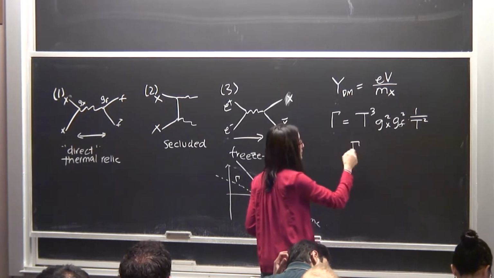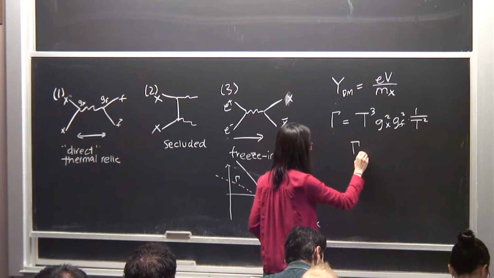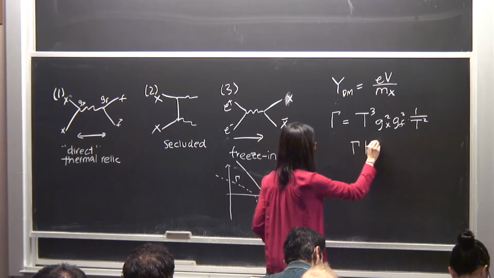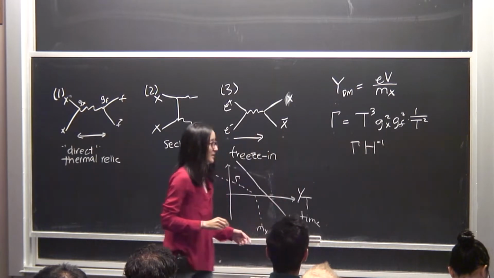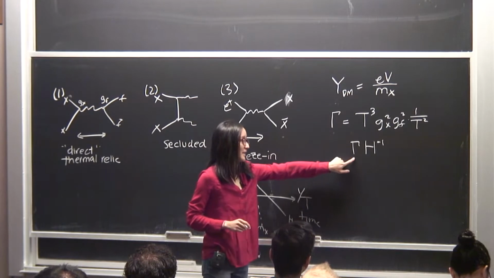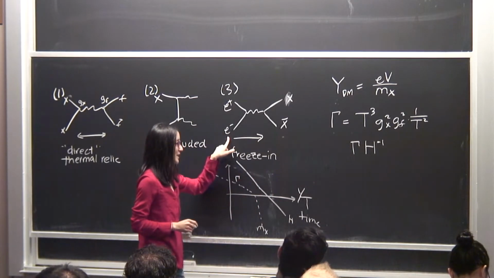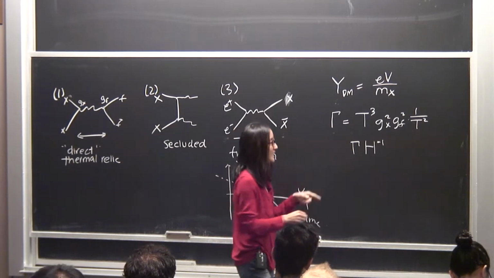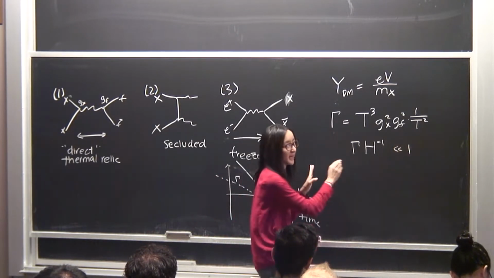Hubble is an expansion rate, so I want to multiply it by H inverse. So that tells me per electron how many dark matter particles I produce. It's going to be much less than 1 because by definition I'm not in equilibrium.